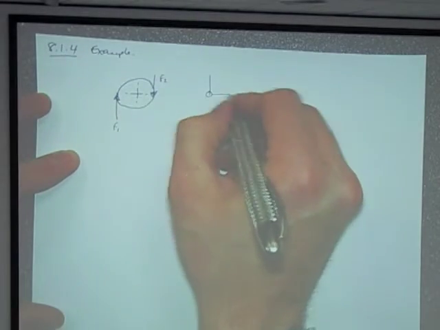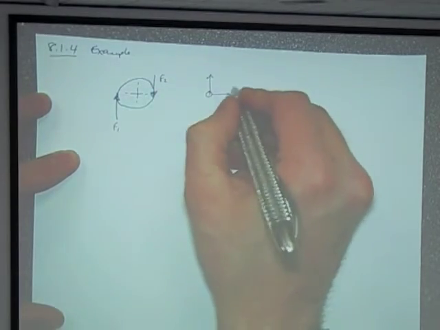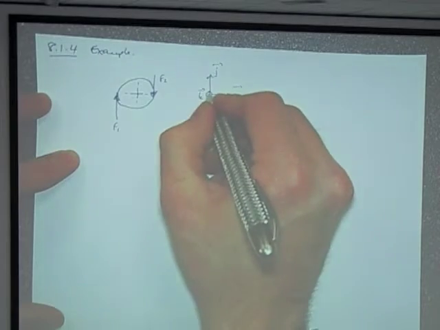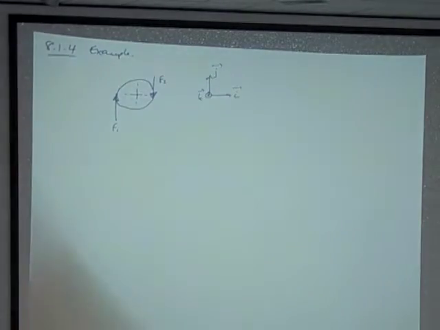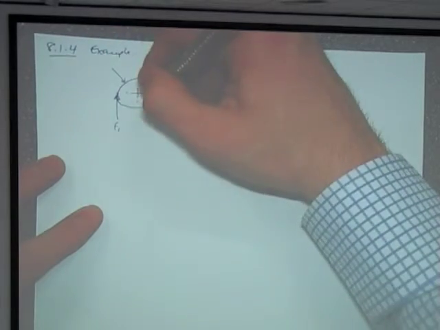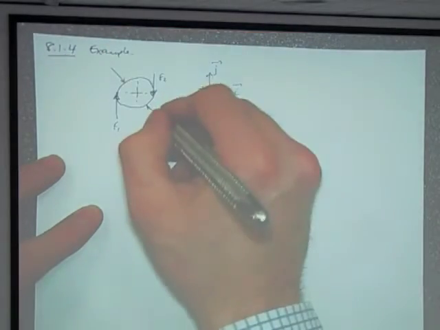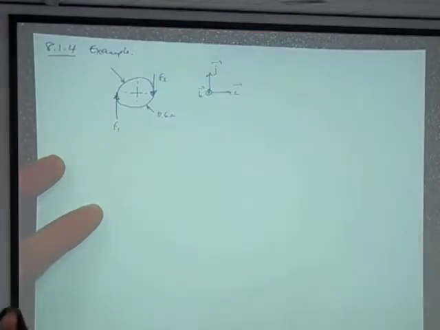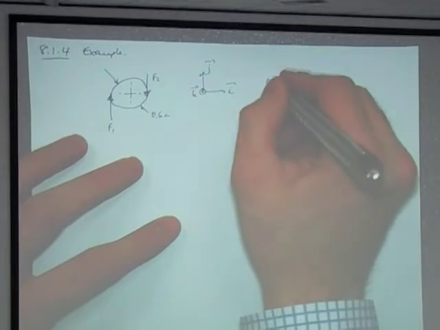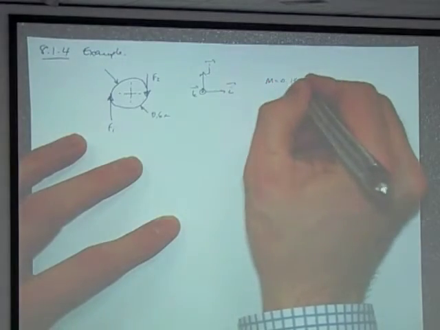I'm assuming right-handed coordinate systems, so that's I, that's J, that's K. We know the radius of this disk, that's 0.6 meters. And we've got a mass given in the question, 0.15 kilograms.